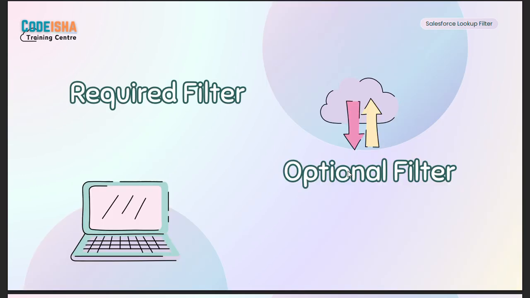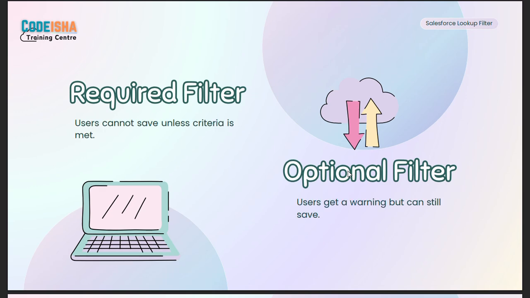We have already observed these two filters: one is the required filter and one is the optional filter. With the required filter, users cannot save unless the criteria is met. With the optional filter, users get a warning but can still save the record, which bypasses that requirement.